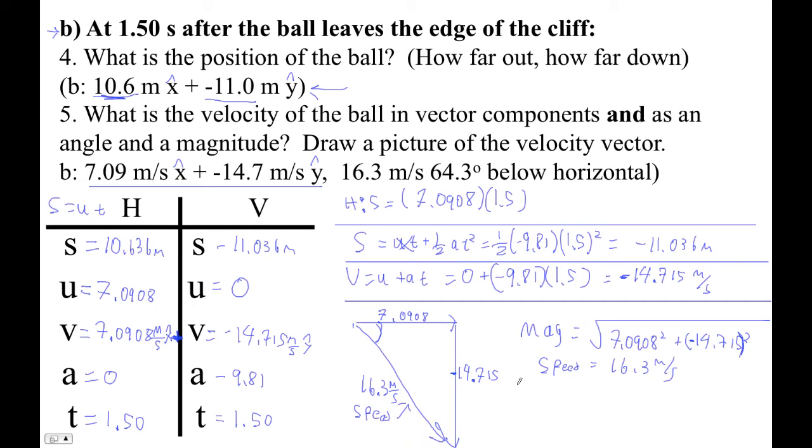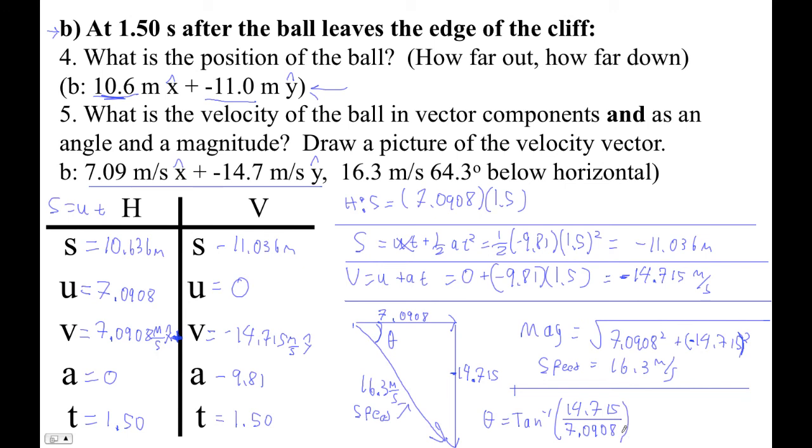And then let's find the angle just for kicks. Okay, so this angle here is the inverse tan of 14.715. Notice I'm ignoring the minus sign because I'm not sufficiently clever to really know what it means. Okay, so 7.0908.